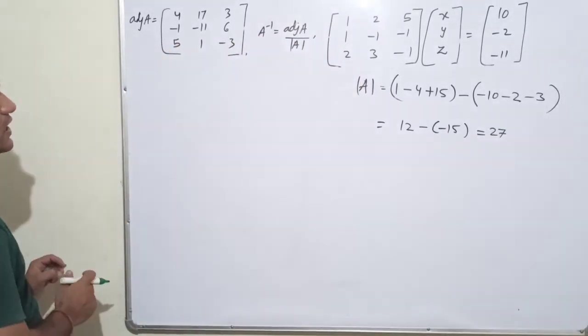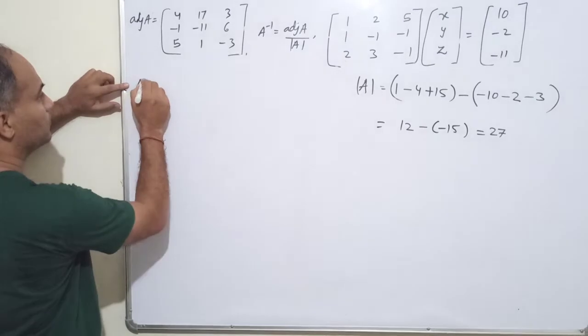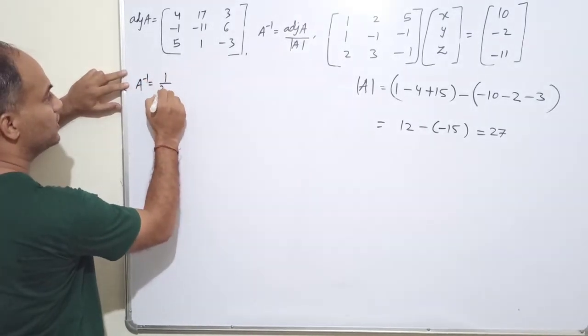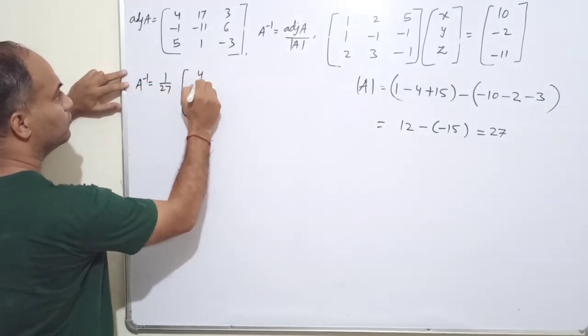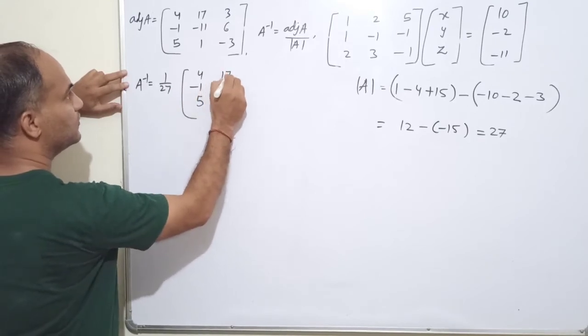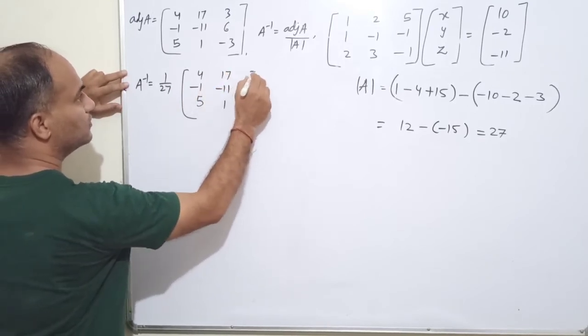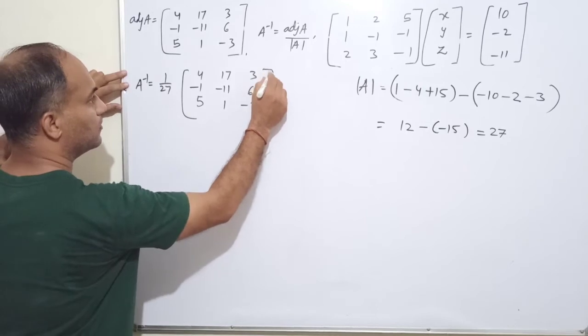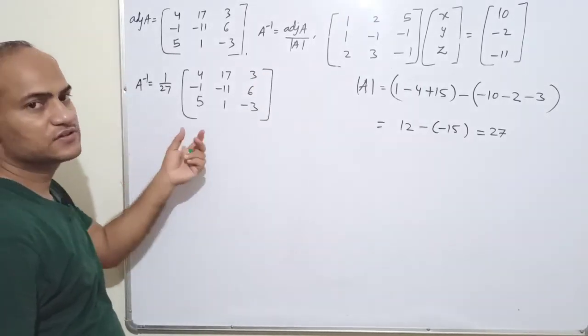Now let us find A inverse. A inverse is equal to 1 upon 27 times 4, minus 1, 5, 17, minus 11, 1, 3, 6 and minus 3. Okay, this is our A inverse.